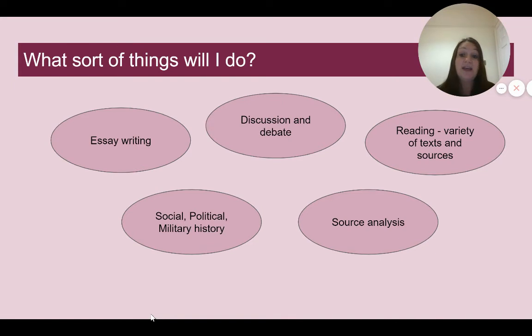And then finally, it won't come as a surprise, especially if you already study GCSE history, that source analysis is a key feature of A-level history. Primary sources, having a look at what the people who were there at the time thought. But also there's a huge amount of focus on secondary sources and analysing the interpretations of published historians.